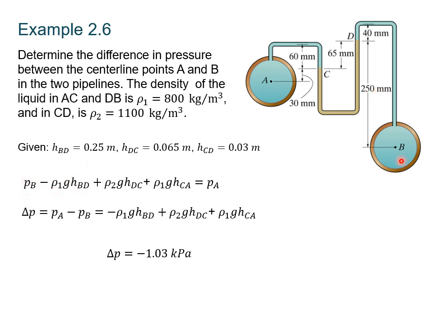So look at our equation. We started at B. We go up, so it's minus rho 1 g times the height from B to D, which we know is 0.25 meters. So now we know what the pressure is here. So we want to move to here. How are we going to do that? Let's move down to here, and then we can move horizontally because, again, the pressure is the same here as it is there.